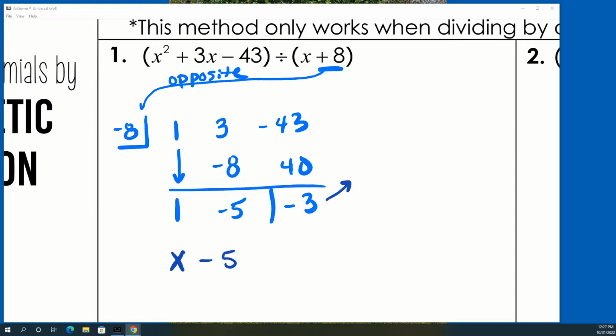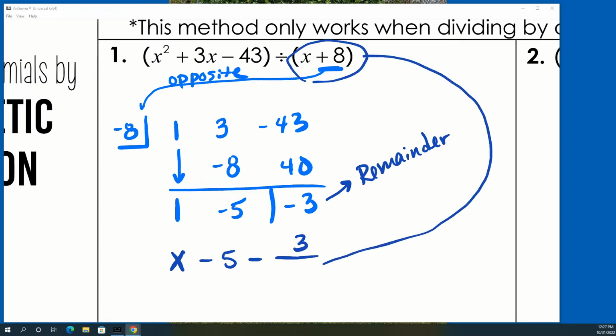And then this last number, I always kind of separate it with a line because it's the remainder. You guys probably remember dividing, like whenever you learned how to divide in 6th grade or whatever, sometimes you have a remainder. So what we do with the remainder with polynomials is put it over whatever you divided by. So it's going to be over x plus 8.